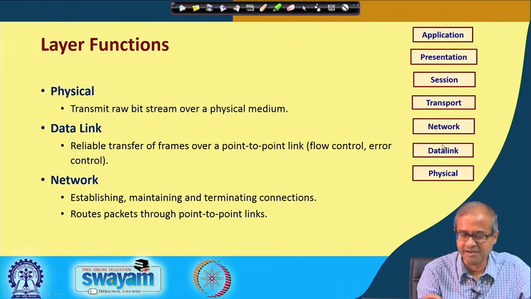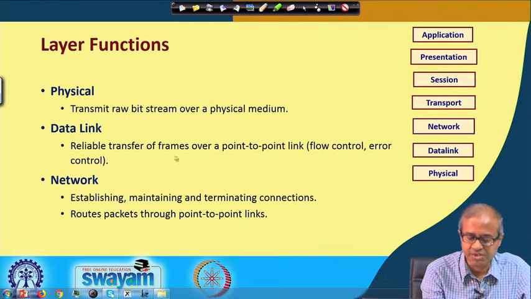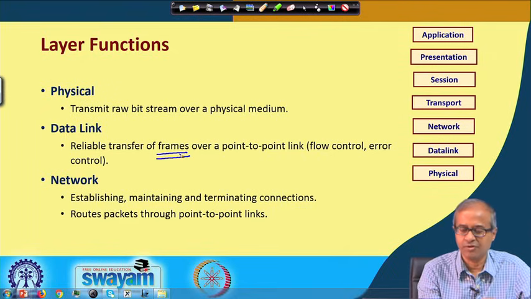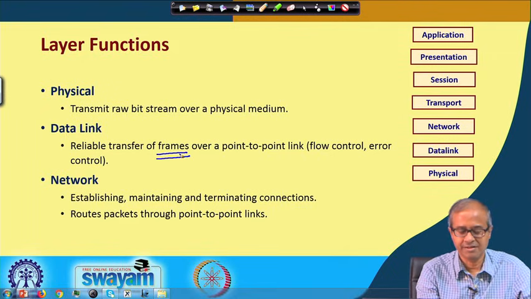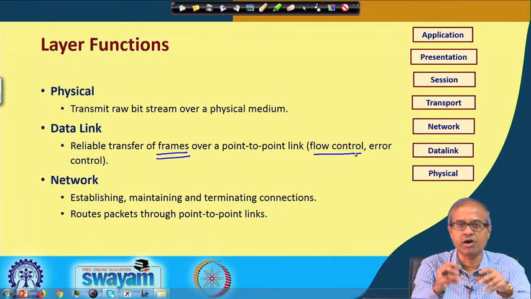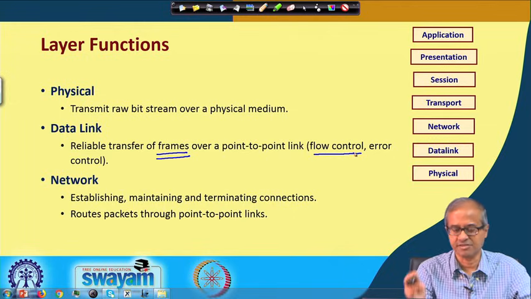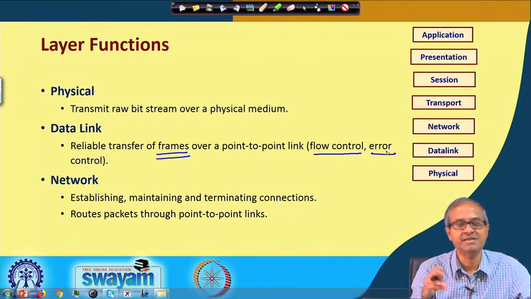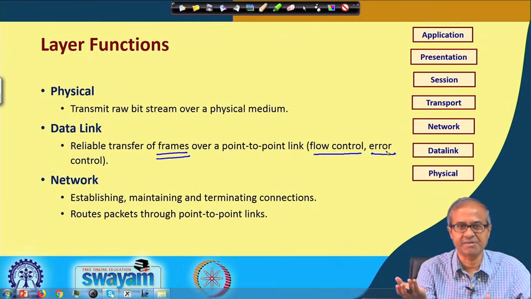At this level, the data unit is called a frame over a point to point link. It also takes into account flow control. That means, if there is a speed mismatch, it can slow down or speed up the rate of data transfer. If there are some errors, it will try to handle the error, it will try to retransmit that frame again, and so on.